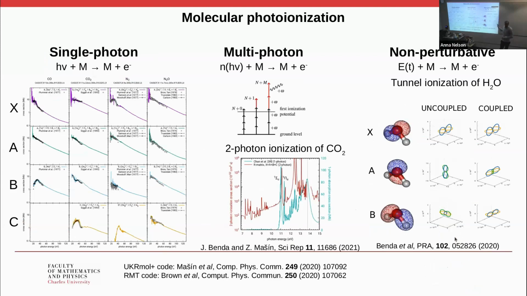Another strand of our research revolves around molecular photoionization. This is a rather new topic, although single photon ionization is something that we have been able to do for some time. But we have made some quite big developments in the last couple of years towards multi-photon ionization, which is applicable when the intensity of the external electric field is higher but still perturbative.